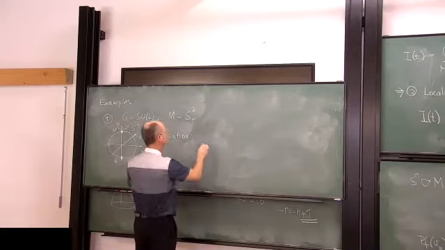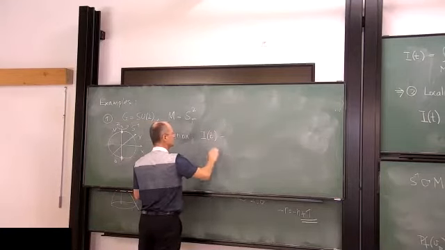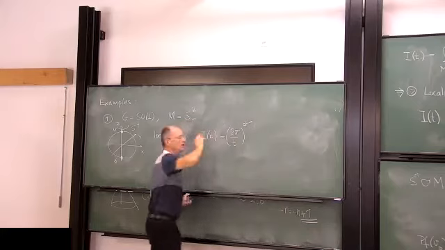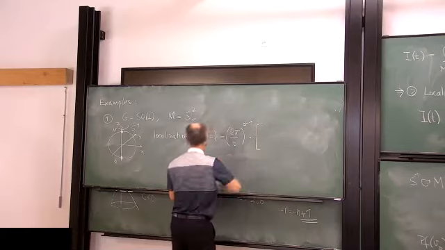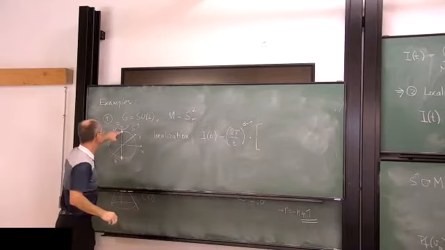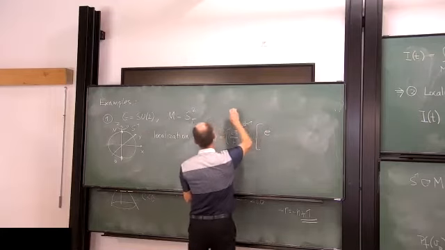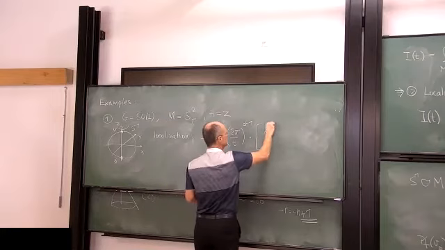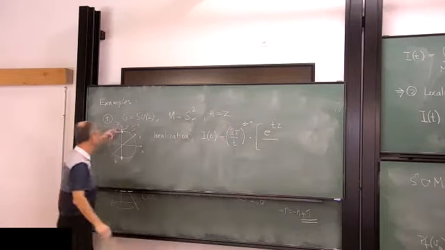formula reads I of t is equal to 2 pi over t to the power 1. Now, there will be a contribution of the North Pole. The Hamiltonian function h is equal to z, so we have tz. Now, of course, we need to know what is this rotation number.